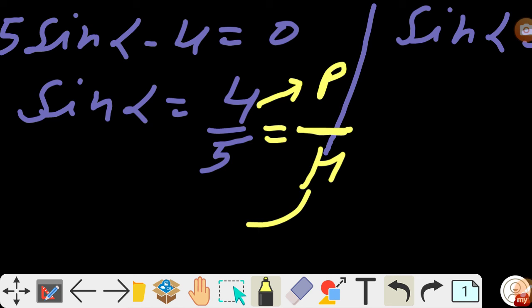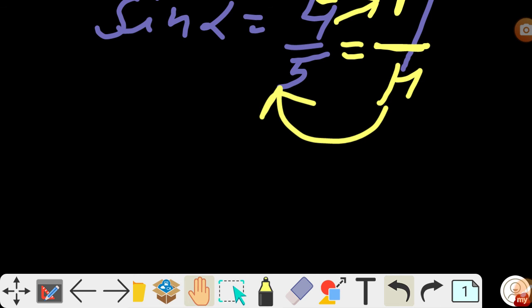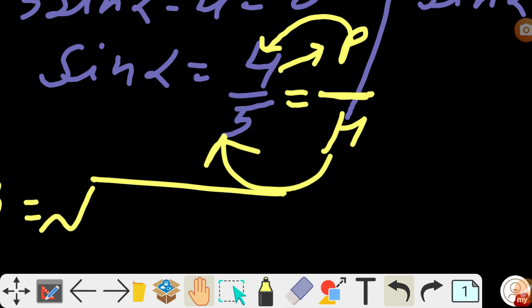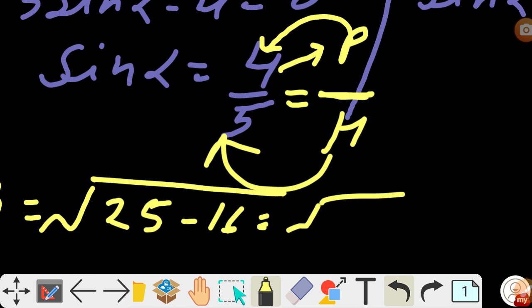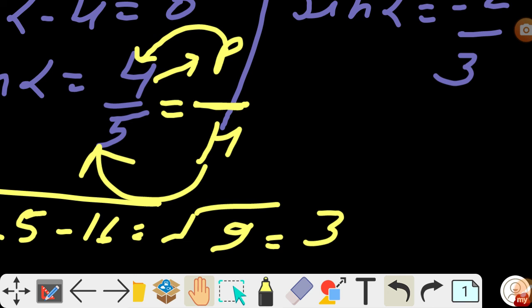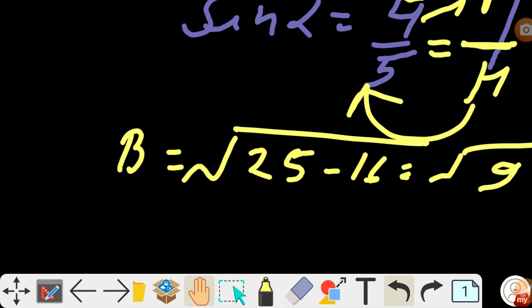Here we find the base by using the formula, root of 25 minus 16, root 9, where we get 3, or otherwise by using the triplet. 3 4 5 is the triplet. So here is the base.